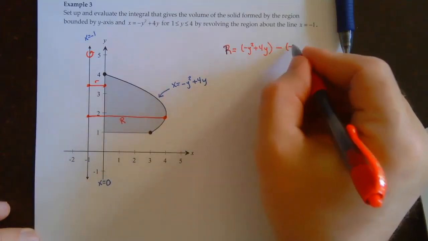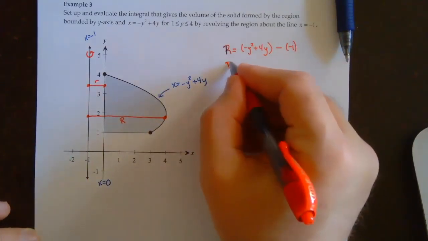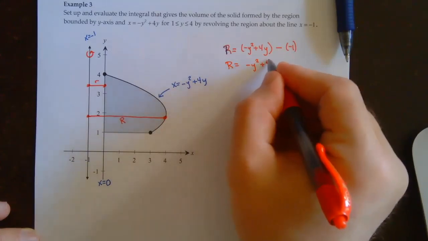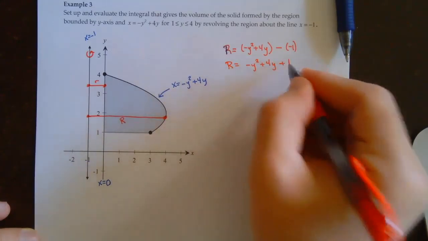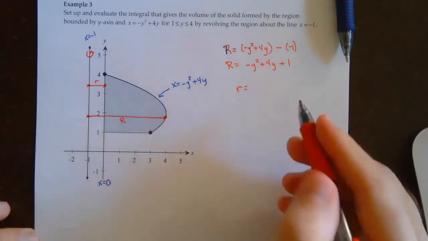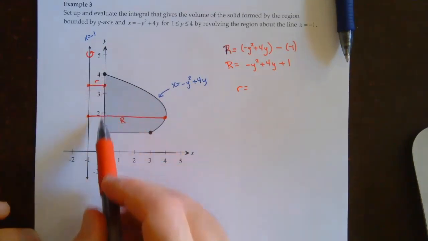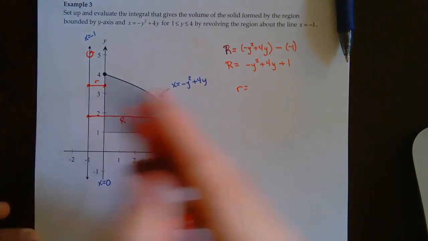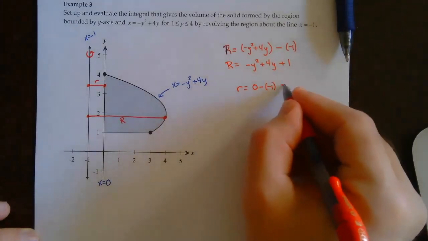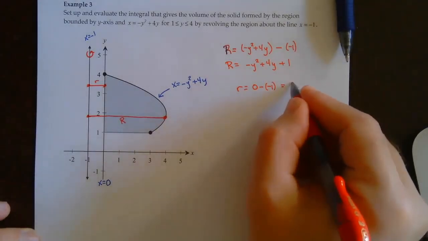So minus negative 1, which means big R is equal to negative y squared plus 4y plus 1. What's little r? It's 0 minus negative 1, which is 0 plus 1, or 1.